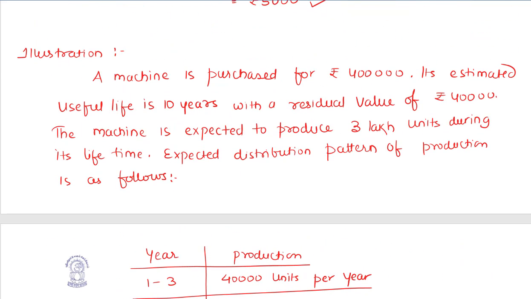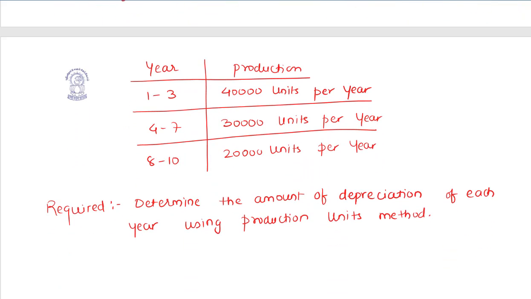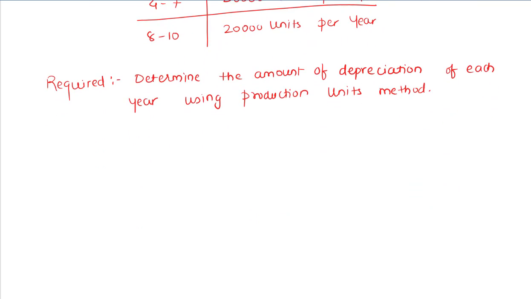Let us understand the question once more. A machine is purchased for 4 lakh rupee. The estimated useful life is 10 years. Residual value is 40,000. The machine is expected to produce 3 lakh units during its lifetime. Expected distribution pattern of production is given: years 1 to 3, 40,000 units per year; 4 to 7, 30,000 units per year; 8 to 10, 20,000 units per year. Calculate.